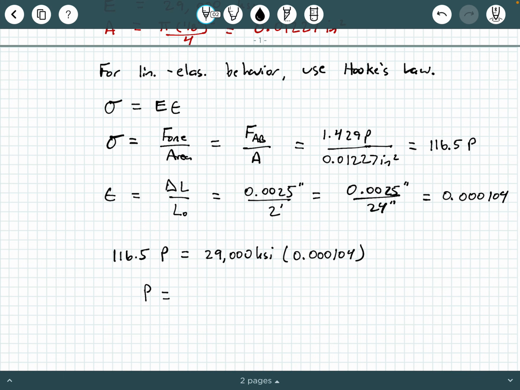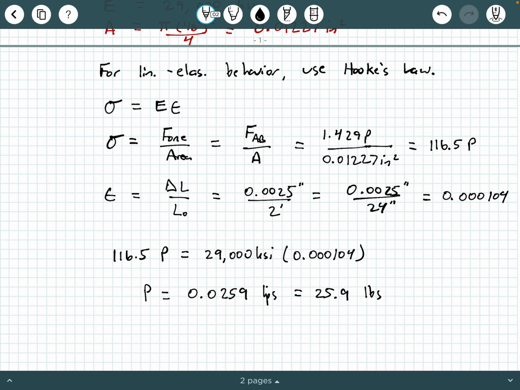We're going to have 29,000 times 0.000104 divided by 116.5. So I get a value of P equaling 0.0259 kips. So that's going to be 25.9 pounds.